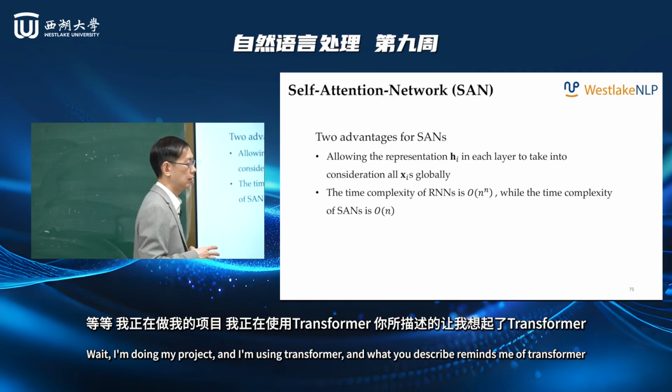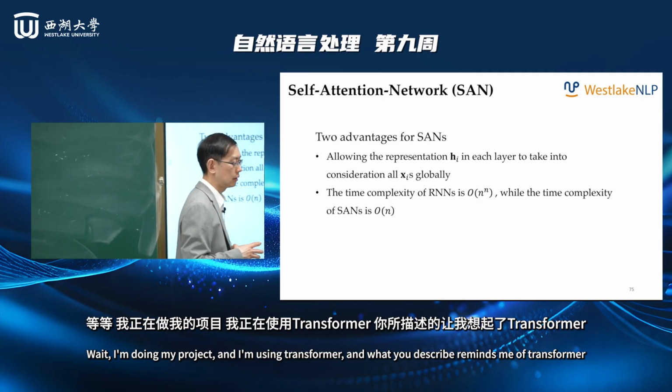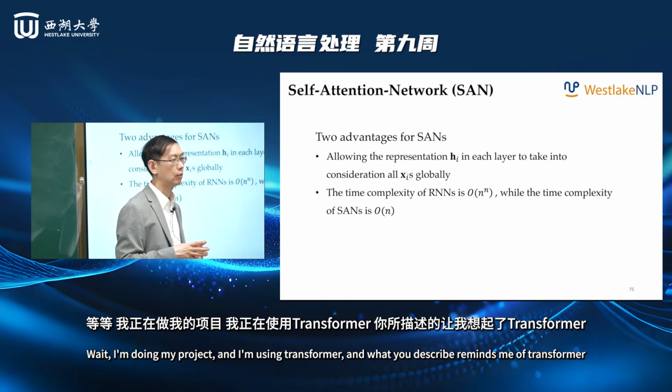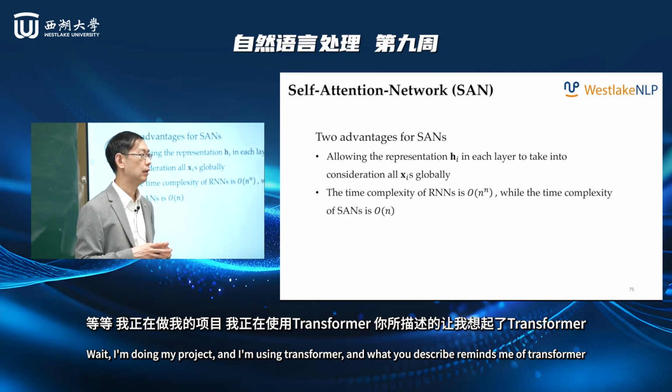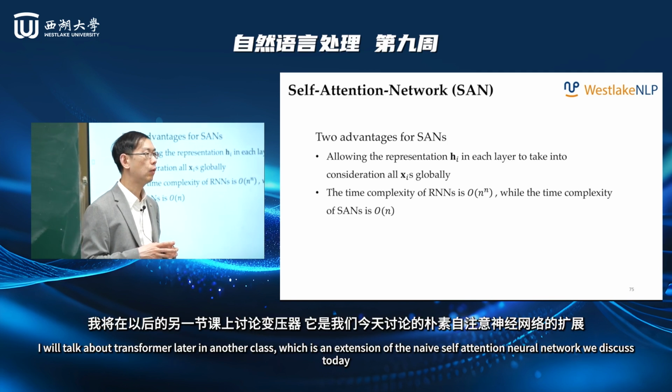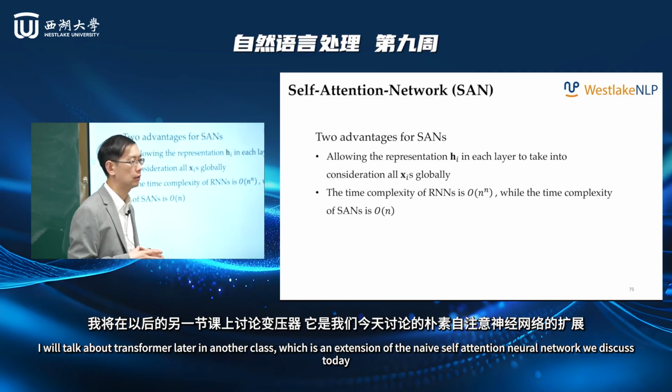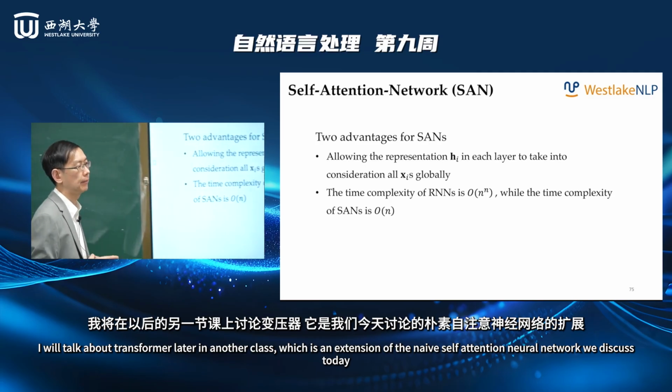You say, wait, I'm doing my project and I'm using transformer, and what you described reminds me of transformer. I will talk about transformer later in another class, which is an extension of the naive self-attention neural network we discussed today.